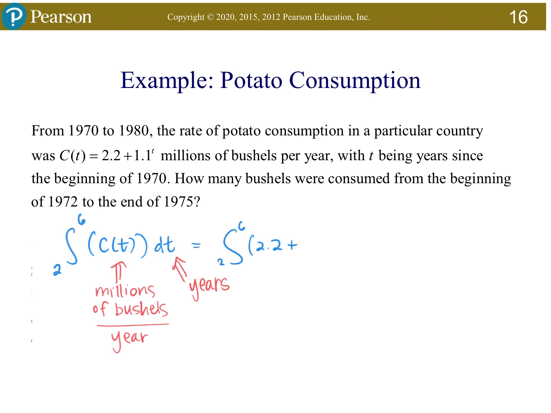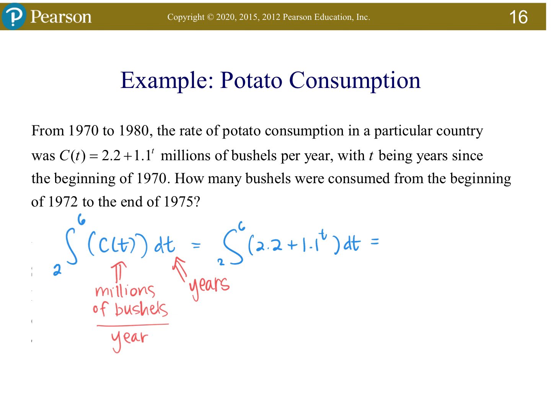So 2.2 plus the 1.1 to the t dt. And again, because this is an exponential function, you could do it without the calculator. It would be messy, but you do know how to do an antiderivative of 2.2, and you do know how to do an antiderivative of an exponential 1.1, but it'll involve the natural log. So it does get messy.